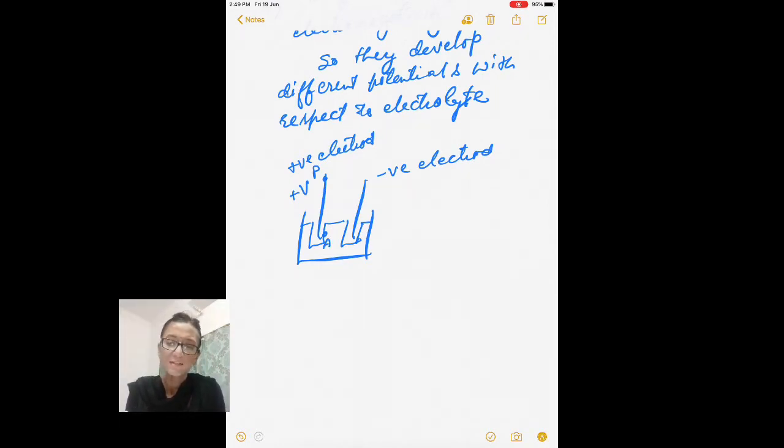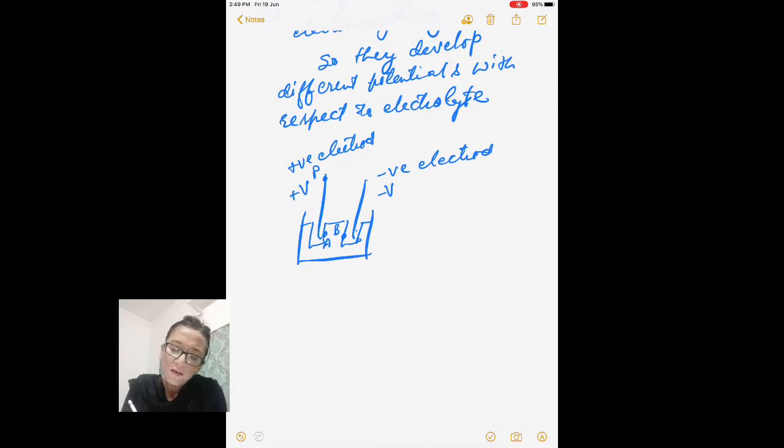Suppose this point is A. And this negative electrode develops some negative potential, minus V, with respect to a point near this electrode in the electrolyte.